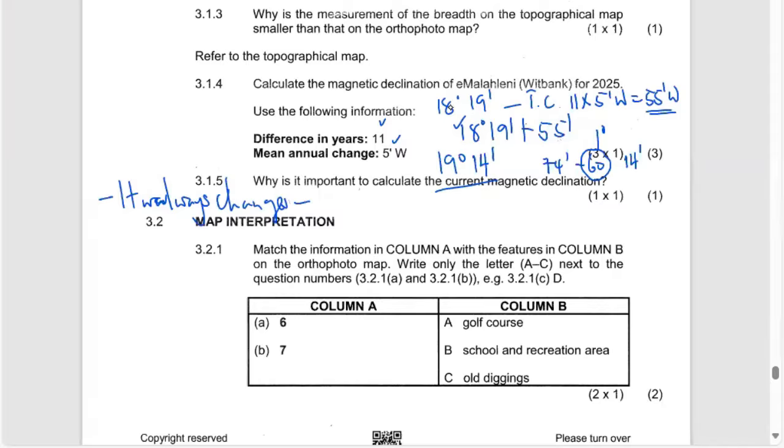And hence, if we have the current, it is going to ensure precise directional measurement. The main idea is that the declination is always changing. We need to always calculate for the current, because if we use the one for last year, it's no longer the same, since there's a mean annual change, meaning every year it's changing. So we must catch up with the change so that we ensure precise, accurate directional measurements.